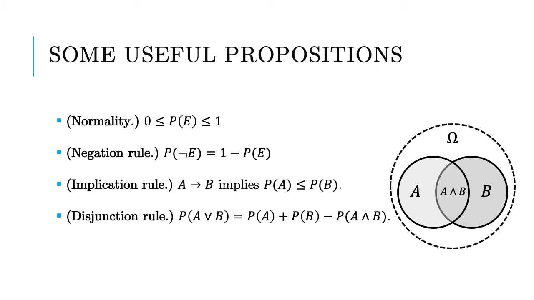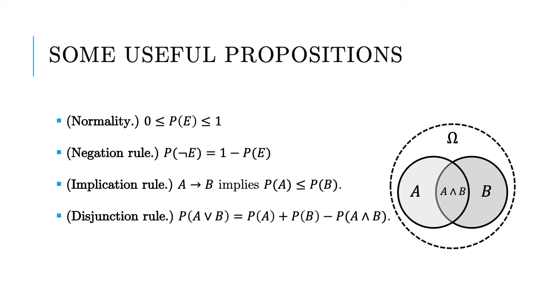And you can see from the Venn diagram why that would be so. If A and B are mutually exclusive, that means that A can never occur when B is occurring. They cannot occur at the same time, and so they would have no overlap in their areas. But in general, there might well be overlap between events.